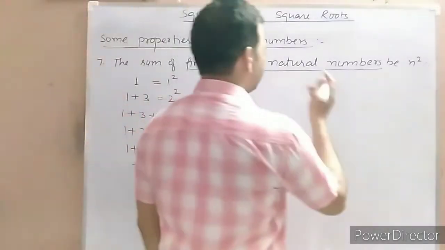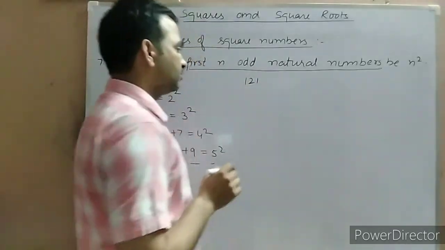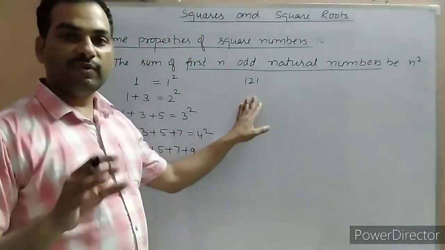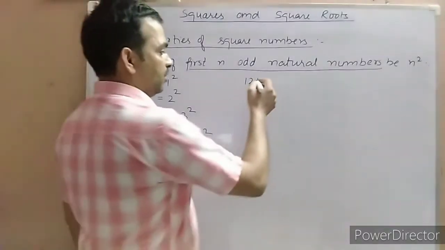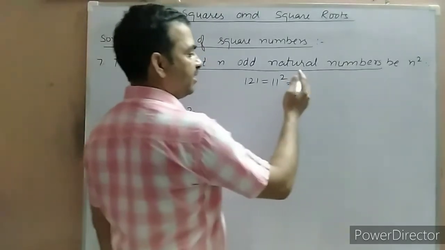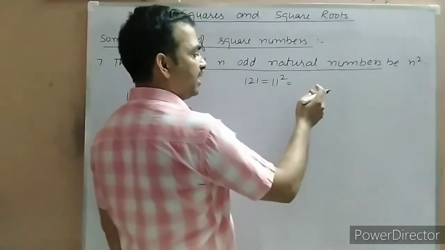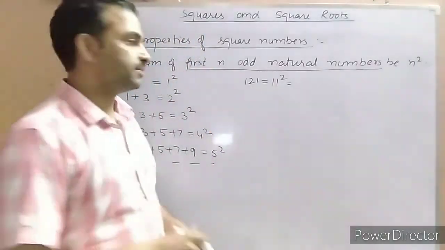For example, if we have 121, as we know 121 is a perfect square number, which is 11 squared. So I can write 121 as the sum of the first 11 odd natural numbers.